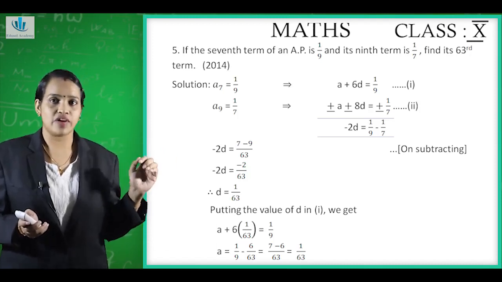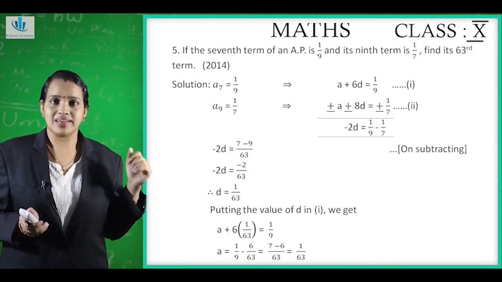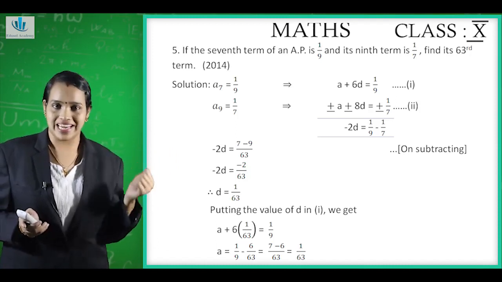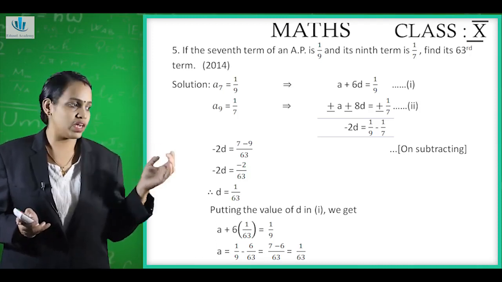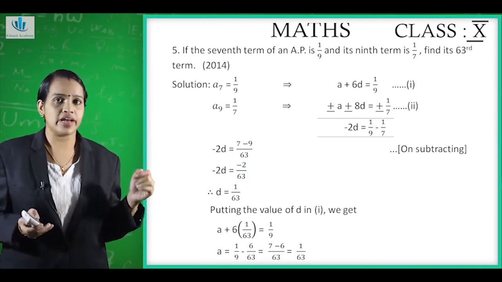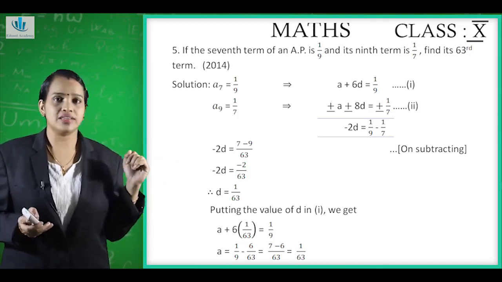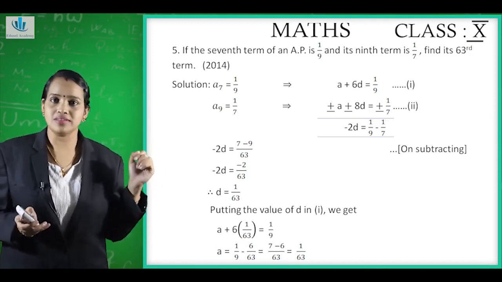And similarly A9 is equal to 1 upon 7 becomes A plus 8D is equal to 1 upon 7. We give it as equation 2. Now when we solve it, subtracting, we get minus 2D is equal to 1 upon 9 minus 1 upon 7.